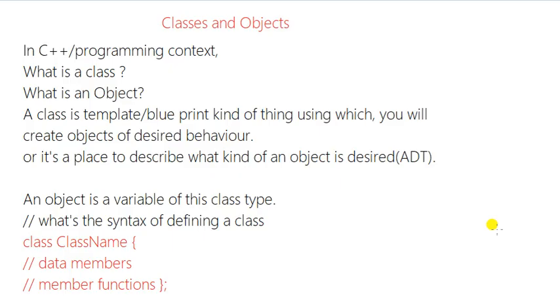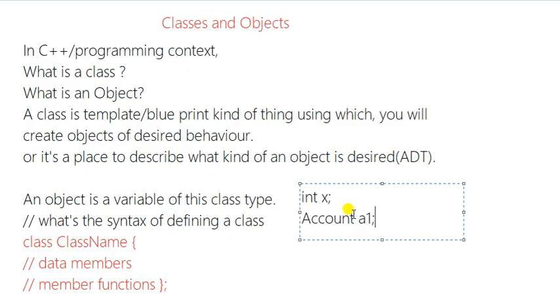An object, now we'll define an object. What is an object? It is a variable of this class type. When you declare, say you are familiar with how to create variables, say int x. Now x is a variable of integer, but integer is a primitive type. That's why x cannot be called an object. If it were like this, account A1.